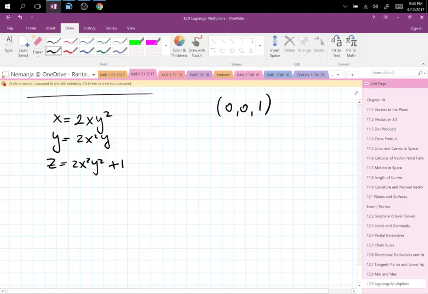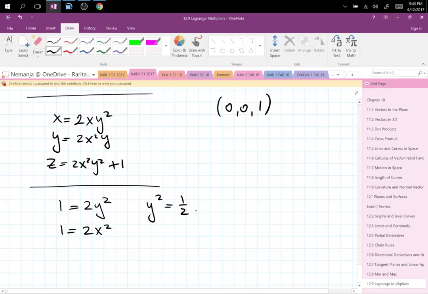Well, now that we know we have a solution for z, we can actually cancel and look at the rest. So cancel x. And we can cancel y. So from here we learned that y squared is 1/2. From here we learned that x squared is 1/2.